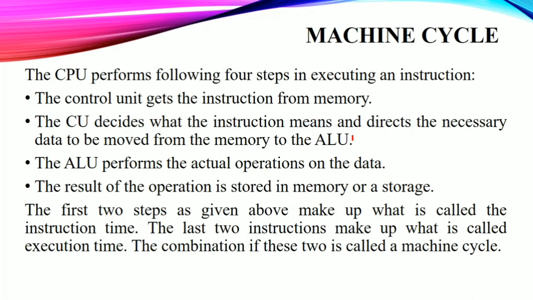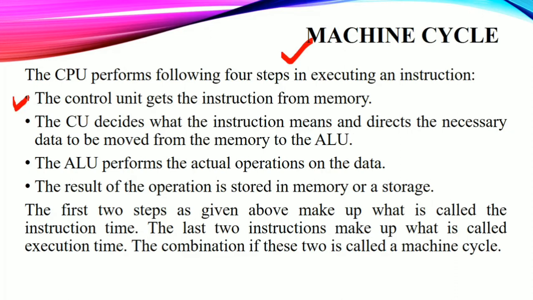Now next we have to discuss the term machine cycle. Generally our computer performs everything in 4 steps. These 4 steps are given below. We have to discuss these 4 steps and then the term machine cycle. The first step is that the control unit gets the instructions from the memory.